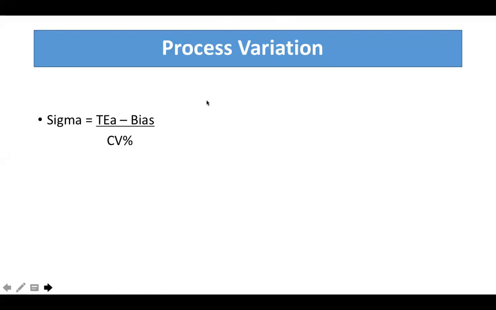Now, process variation for quantitative. Total error allowable: you get it from data on the Westgard website or maybe some other source. There are guidelines by RECOS where you get this total error allowable. You can go to the Westgard website. There is one Ricos database, and clear guidelines also. You can use any of these.